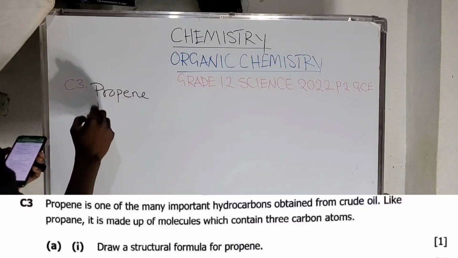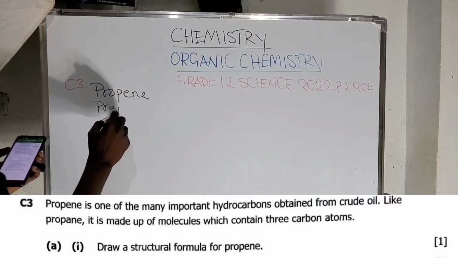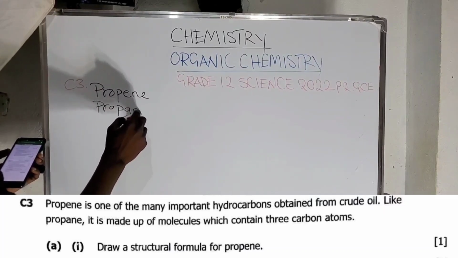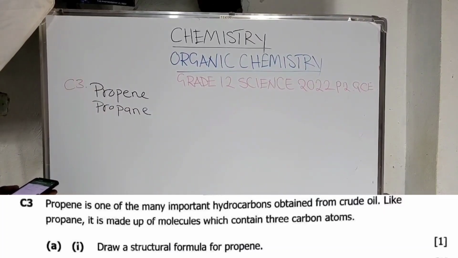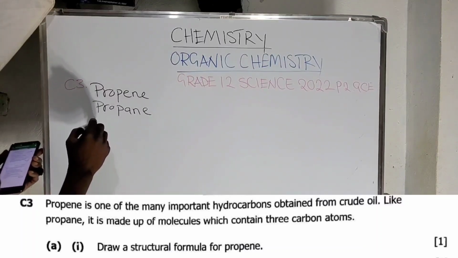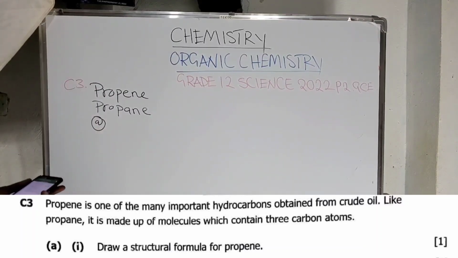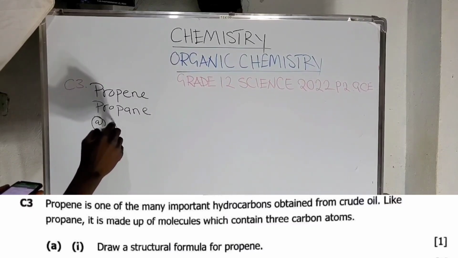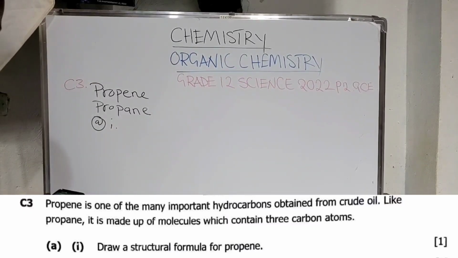Okay, let me just write both of them, propene and propane. It is made up of molecules which contain 3 carbon atoms. The first question, which is question A, 1, draw the structure formula for propene.